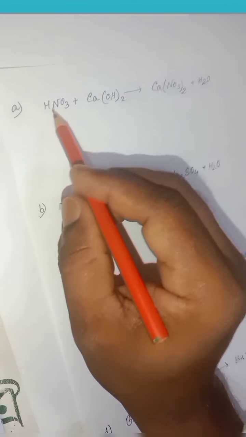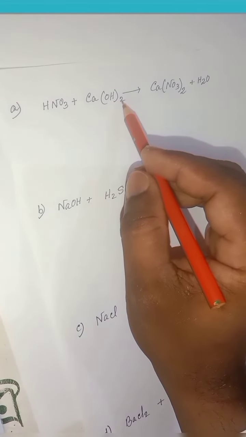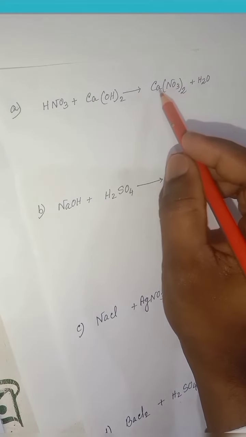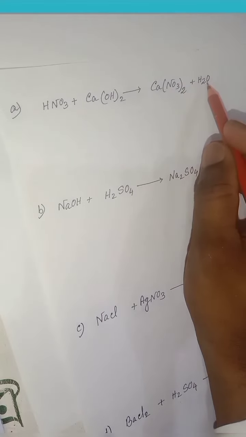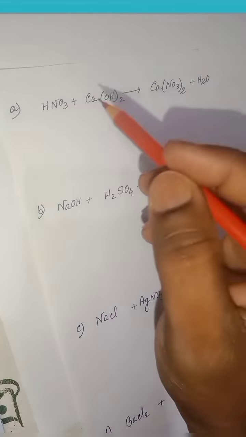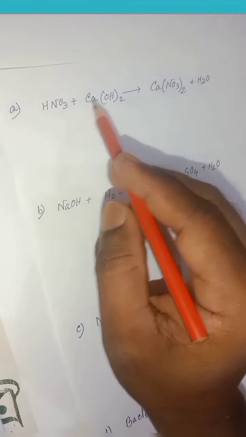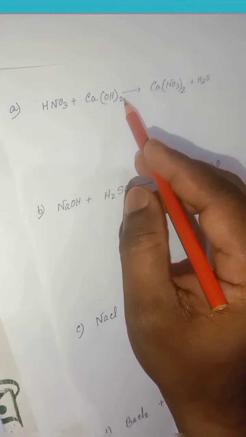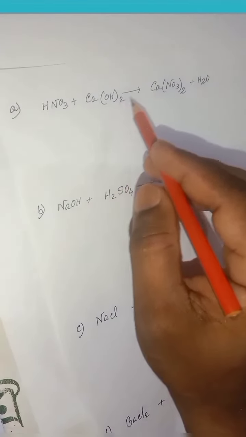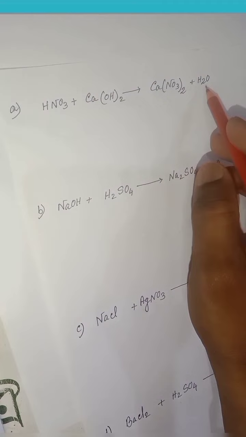At first, A: HNO3, nitric acid, plus Ca(OH)2, calcium hydroxide, forms the products calcium nitrate, Ca(NO3)2, plus H2O, water.